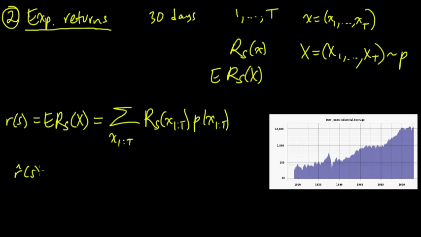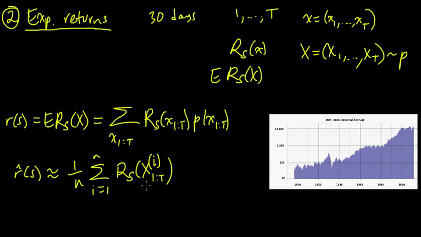It's an expected value. And so we can approximate this by 1 over n, just the usual thing, sum over i from 1 to n of the return on the random sample x superscript i, 1 to T. Each of these random samples is a sequence x1 to xT, and each of them is drawn according to this distribution P.